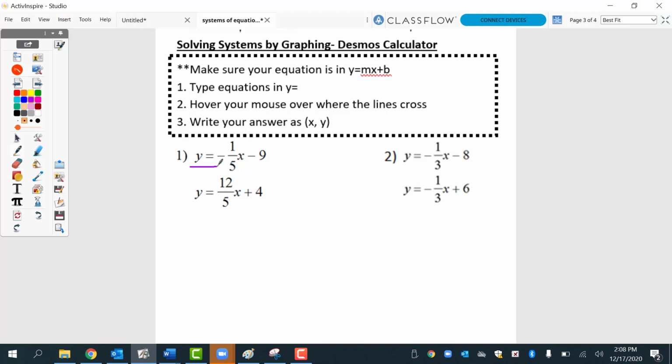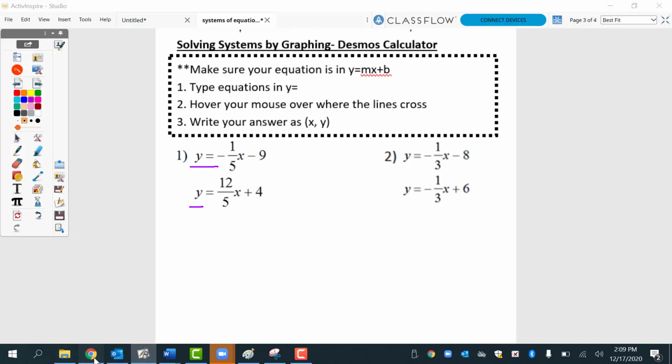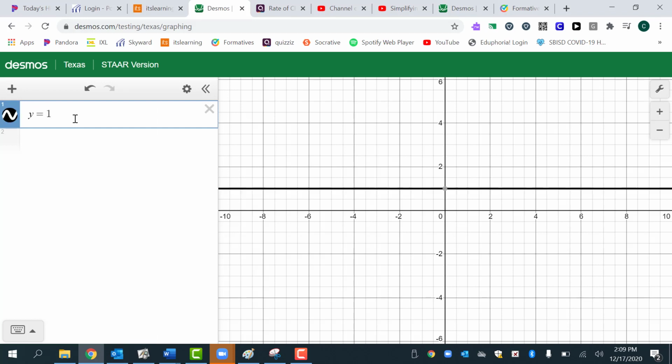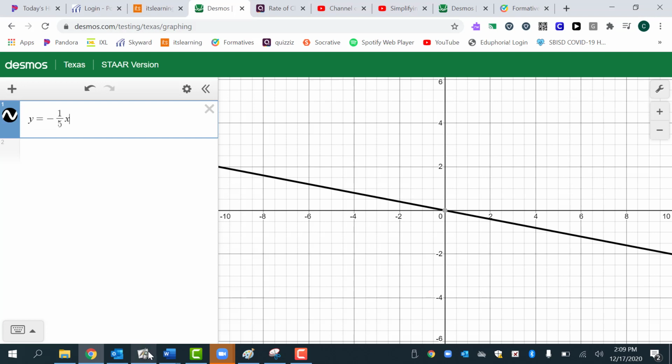Now, if I look at number 1, both of them are already solved for y. So I don't have to worry about doing that step. I can just type these in right away. So I'm going to pull up my Desmos calculator right here, and I'm going to type both of them in at the same time. So it was y equals negative 1/5 x minus 9.